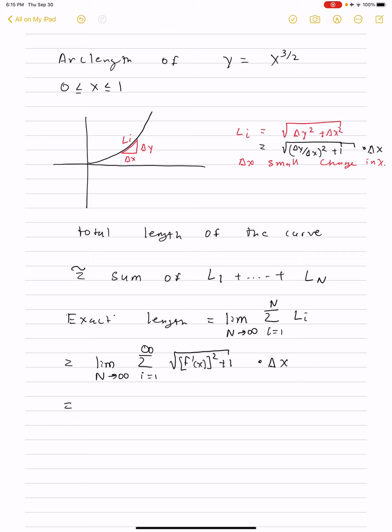The limit, the summation, and the delta x tell me that I could replace those three things by an integral. So I would integrate from a to b the function f prime of x squared, add 1 to it, and instead of delta x, I have dx.